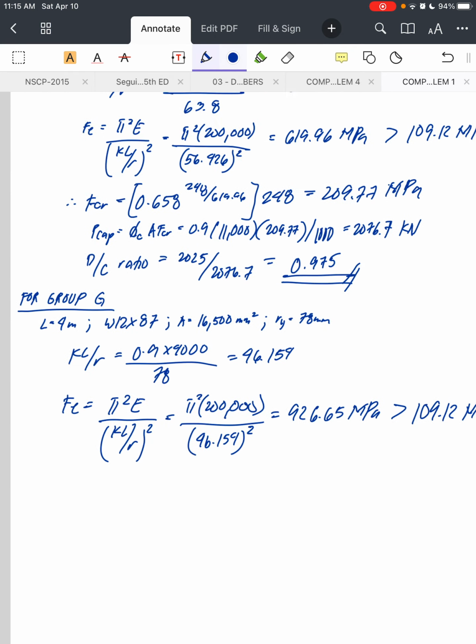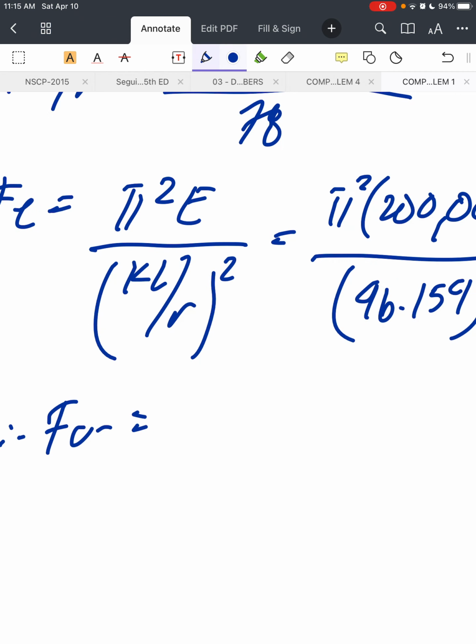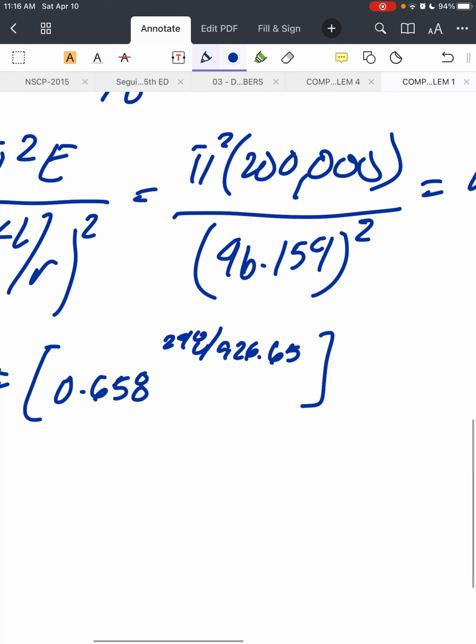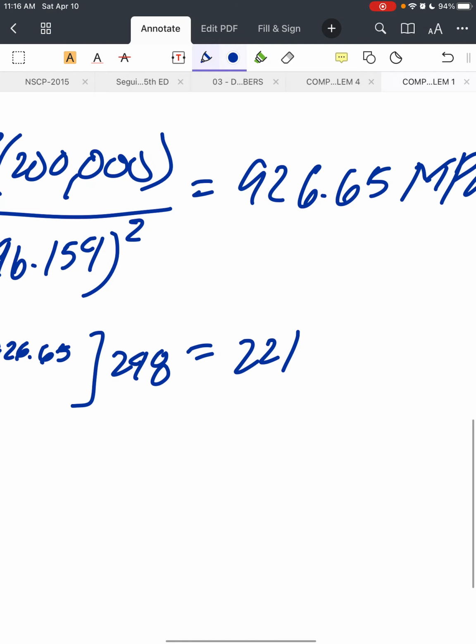So therefore, your Fcr is equal to 0.658 raised to (248 over 926.65) quantity times 248. Your Fcr is equal to 221.72 MPa.